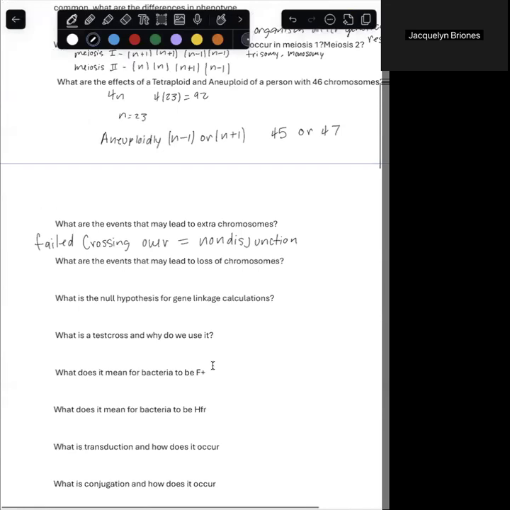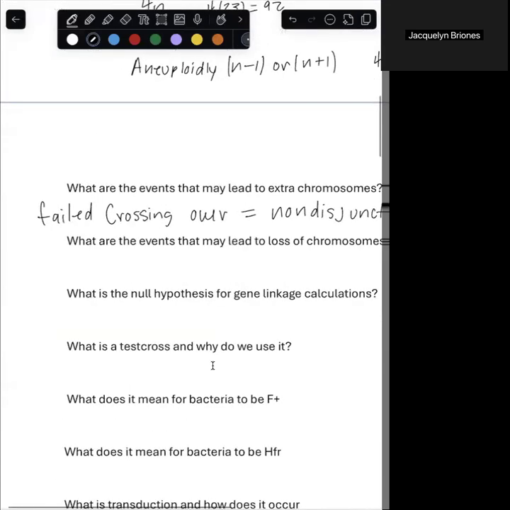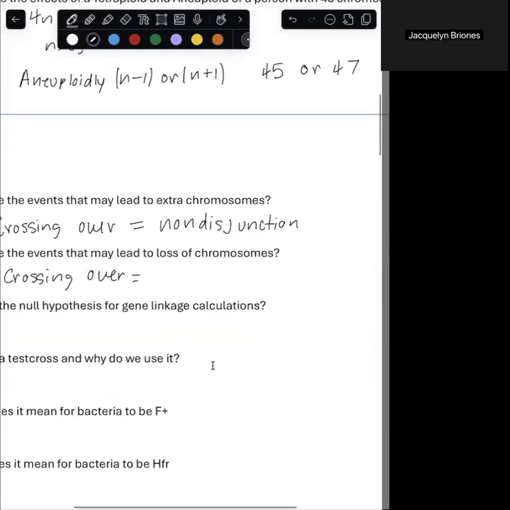And what are the events that may lead to a loss in chromosome? That has also failed crossing over and non-disjunction.